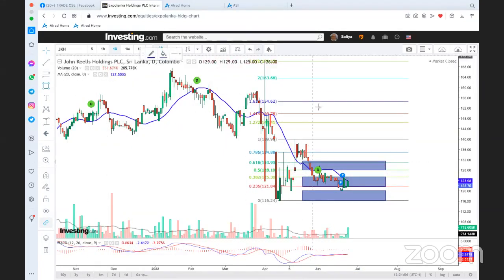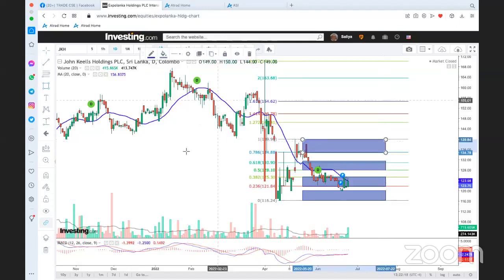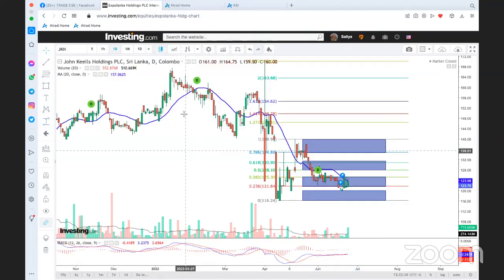Then we can leave this as it is, because there is a high here touching just on top of the 78.6%. And then we can take it up to this, which will be the R1. Thereafter it can go up to this area.